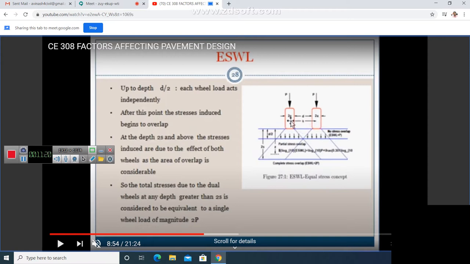The stresses produced by both the wheels will be overlapping. And after you cross the depth of 2s, the stresses induced are due to the effect of both wheels. So the total stresses due to dual wheels at any depth greater than 2s is considered to be equivalent to a single wheel load of magnitude 2P.